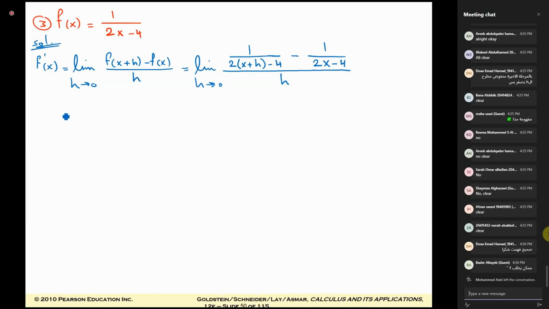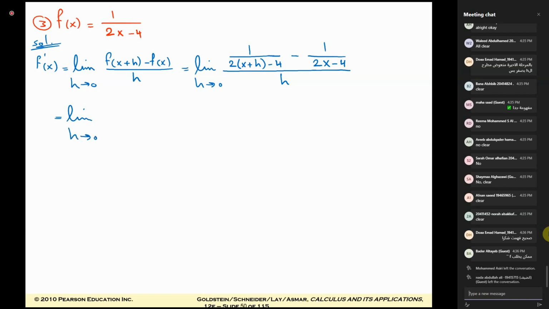Now we must do more simplification by making the subtraction of two fractions in the numerator into one fraction.